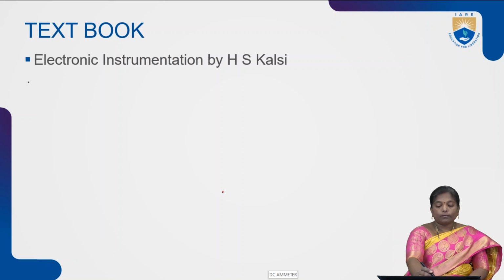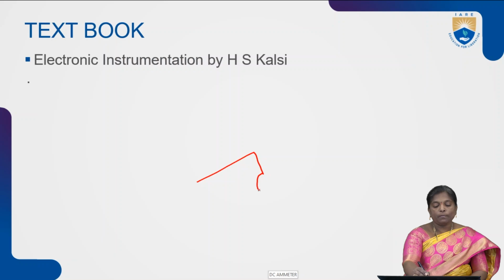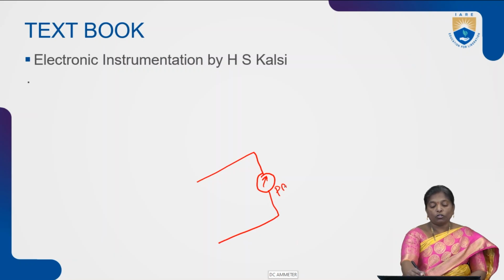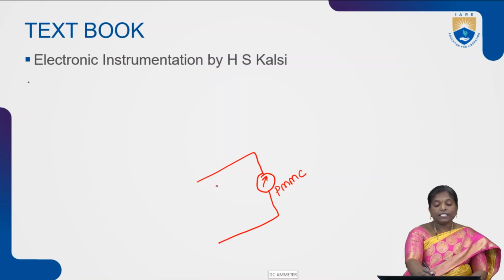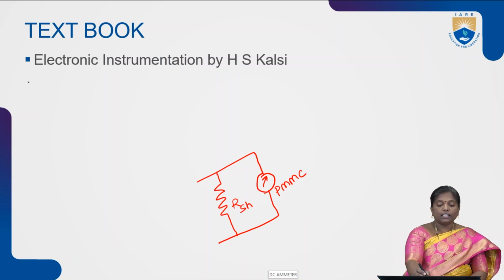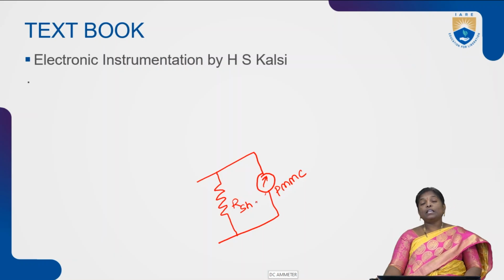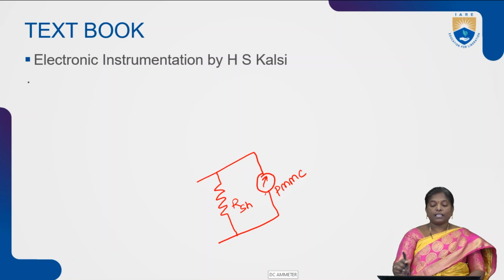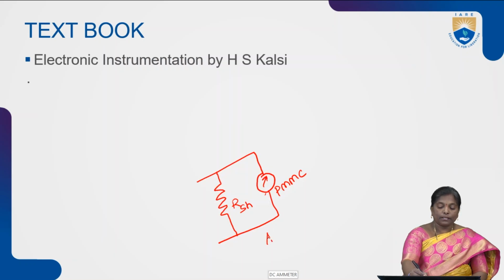For example, consider a circuit where a PMMC meter is present at the output section, and a resistance is connected in parallel with the PMMC meter. That resistance is represented as shunt resistance RSH. If a resistance is connected in parallel with the meter movement, then the circuit will act as an ammeter.